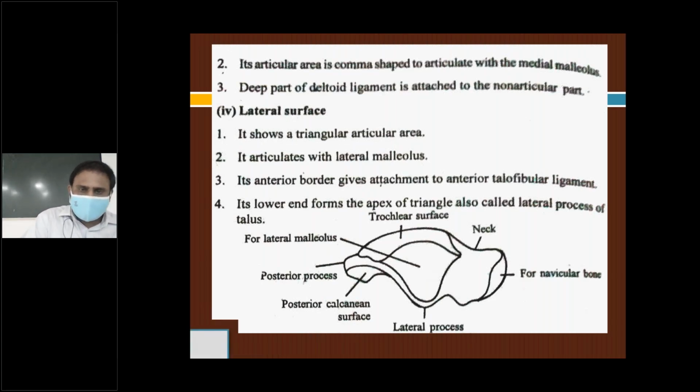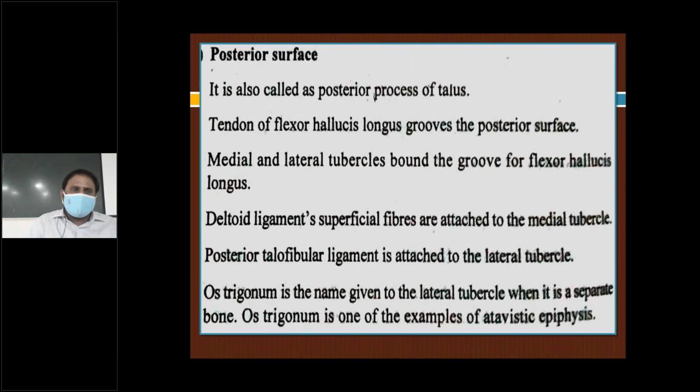And the posterior surface is also called the posterior process of the talus. The tendon of flexor hallucis longus grooves the posterior surface, between the medial and lateral tubercles. The deltoid's superficial fibers attach to the medial tubercle, and the posterior talofibular ligament is attached to the lateral tubercle.